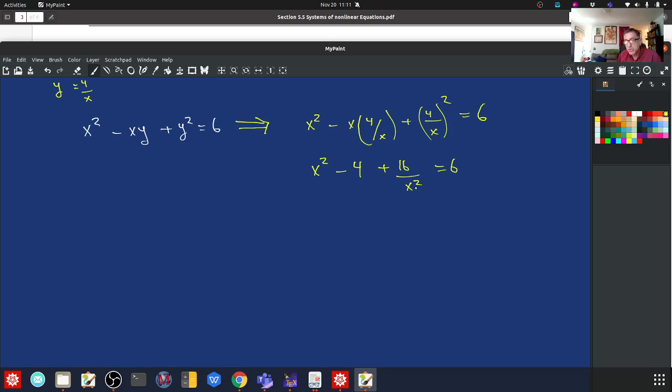And here we have a situation. I have an x squared in the bottom. Of course, I'm assuming x is not equal to 0, so I have to clear that denominator by multiplying both sides by x squared. That's going to give me x to the 4th minus 4x squared plus 16 is equal to 6x squared.